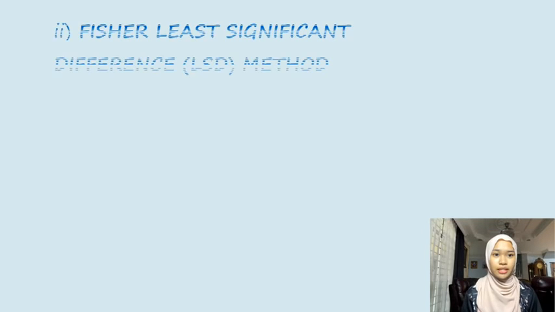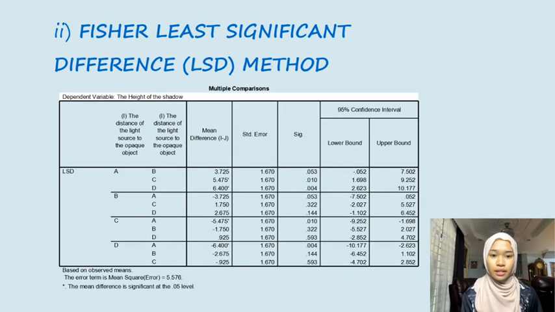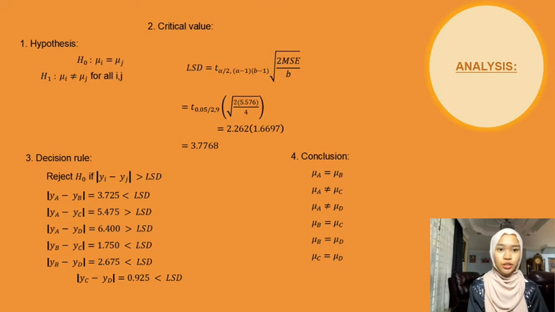The other post hoc test that we conducted is the LSD method, which is Fisher's least significant difference method. This is the table. For the analysis of LSD method, the hypothesis is H0: mu i equal to mu j, and H1: mu i not equal to mu j for all i, j. The critical value for LSD is 3.7768.